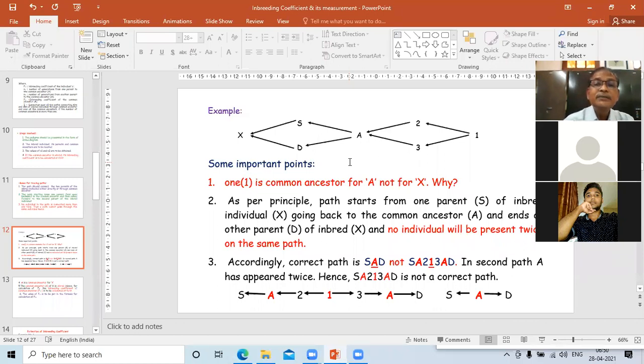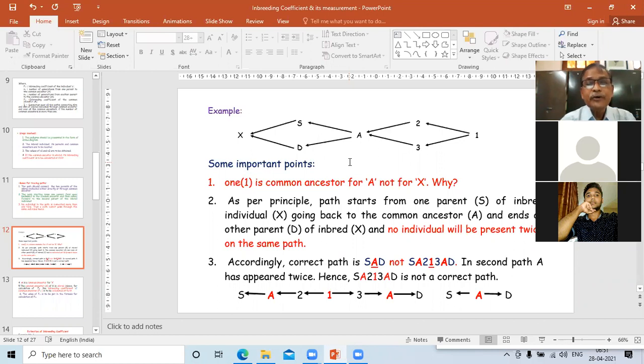As I have said, if the common ancestor A is inbred, its inbreeding coefficient is to be calculated first. So you see, A is produced by half-sib mating. That is 2 and 3, they are half-sibs whose one parent is common, 1 is the common parent. Okay? So first you calculate FA, that is the inbreeding coefficient of A, then put the value of FA in the formula to get the answer.